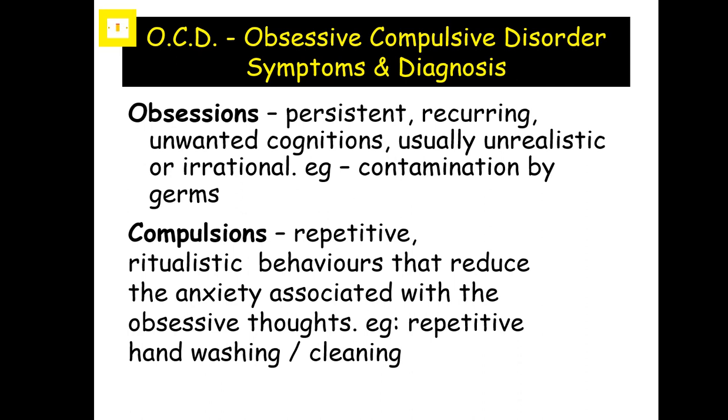So please ensure that you know what the obsession is, i.e. the obsession is the thought, I feel I'm dirty, and the compulsion is the behaviour, I'm washing. If you notice, there's a key thing in the middle there where it says the ritualistic behaviours that reduce the anxiety. So we're actually bringing in some of the emotional characteristics there as well, which I'll talk about in a second.